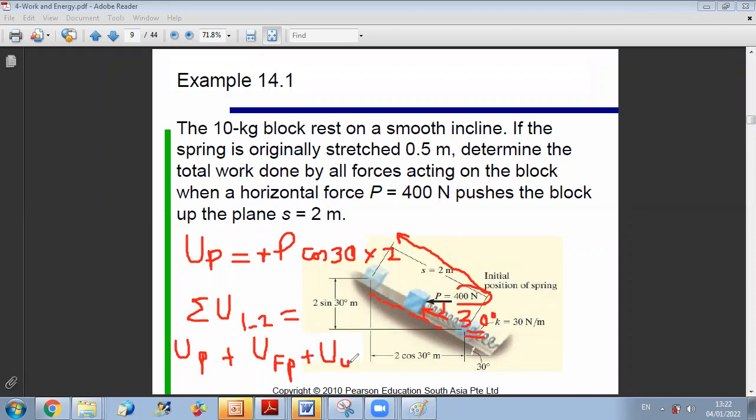Okay? And from the principle of work and energy, sum of work between 1 and 2 is equal to what? Is equal to the kinetic energy at state 2, KE2, minus KE1. Okay? Since you were able to move your block from rest, and your block initially at state 1, V1 is 0.